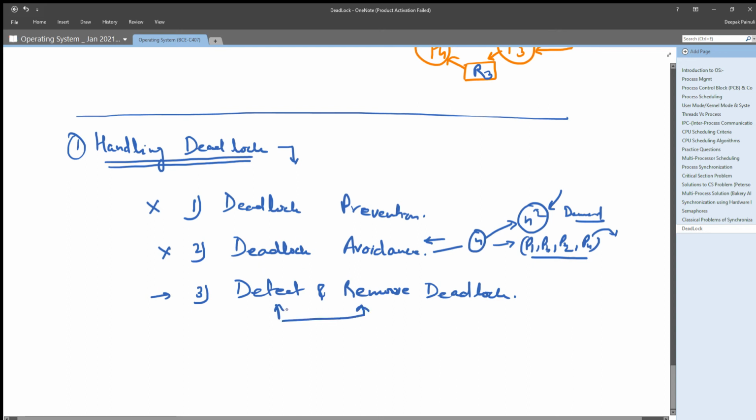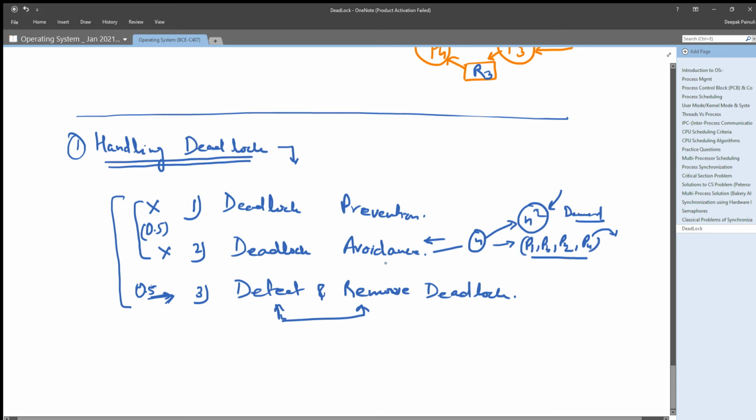So for your information, we are studying these techniques, but in the first two techniques, the OS will not do anything regarding deadlock prevention and deadlock avoidance, right? The operating system generally uses the third method, which is detect and remove deadlock.